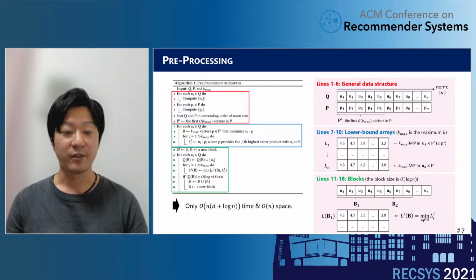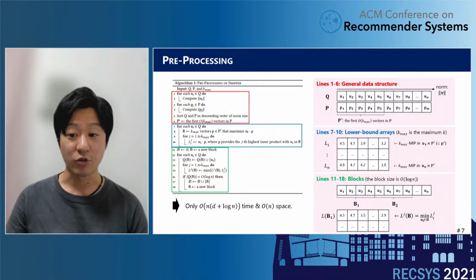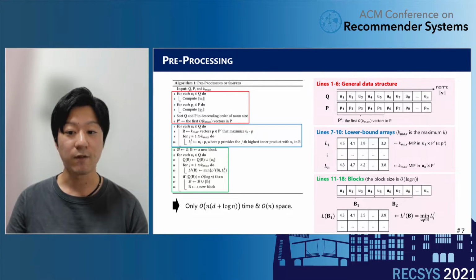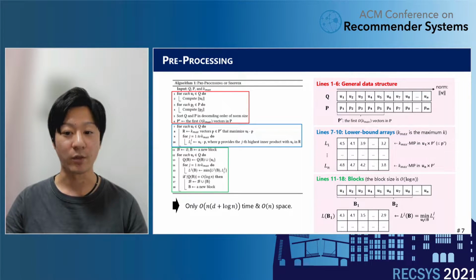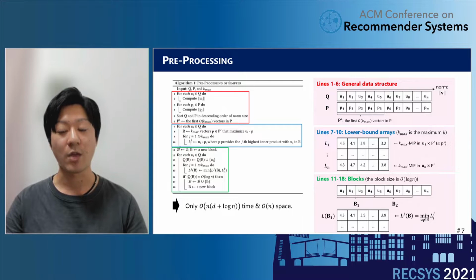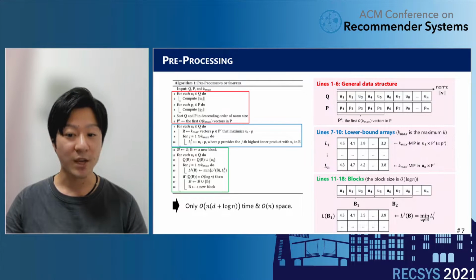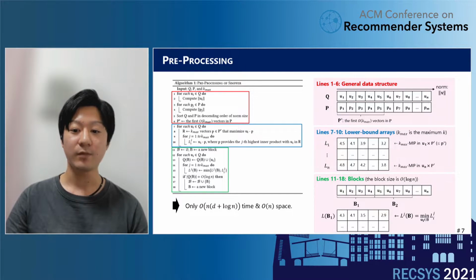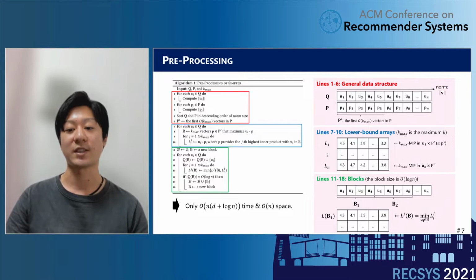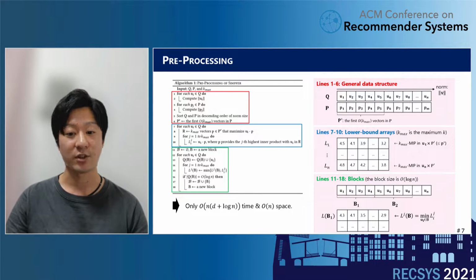To implement these ideas, we make some data structures offline. This offline processing is done only once. First, we sort the vectors in non-increasing order of norm. Then by using the top-K max-norm vectors of P, we make a lower bound array for each user vector. Because we use only the top-K max-norm vectors, each element of the array is always not larger than the exact value of the corresponding rank.